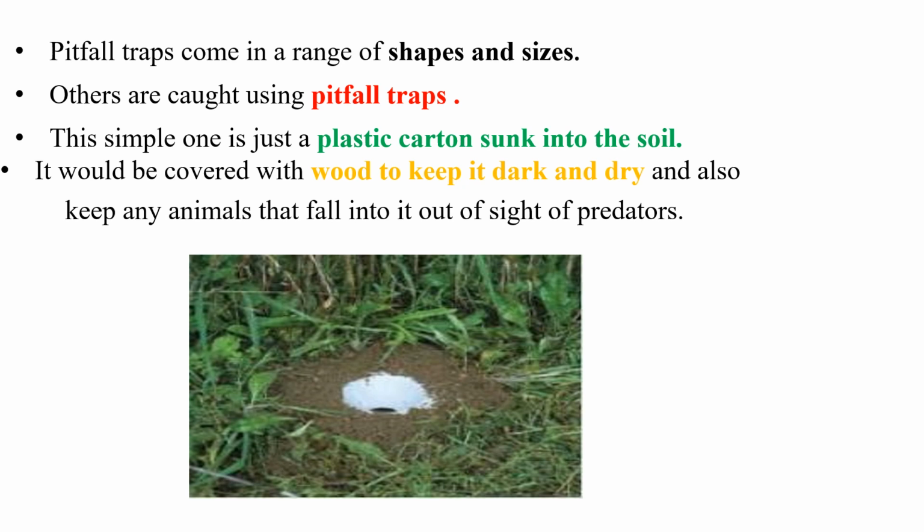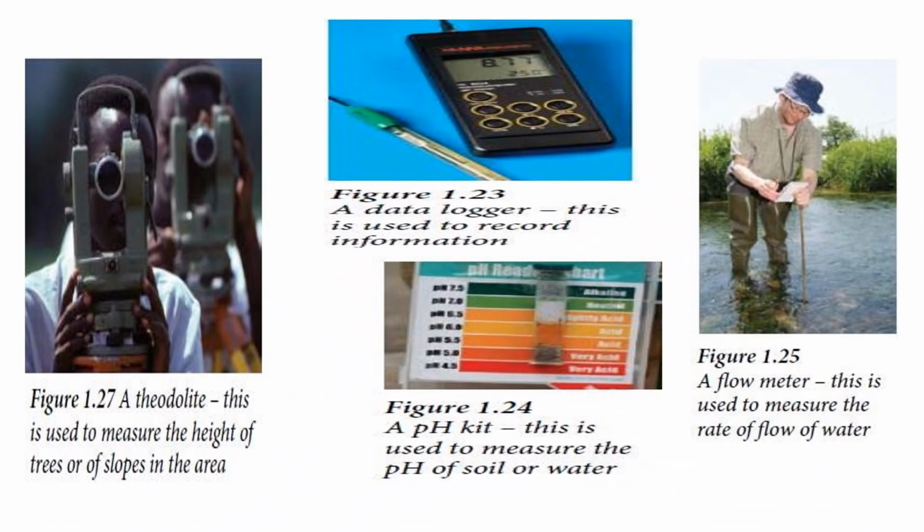It's just made from a plastic carton that is sunk inside the soil. We also make a wooden cover to keep the pitfall trap dark and dry. It keeps any animals that fell in out of sight of predators. We also have different materials and apparatus used in the fields.